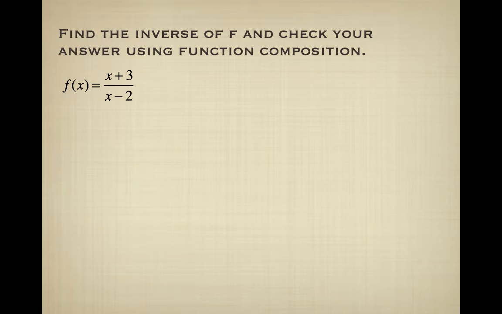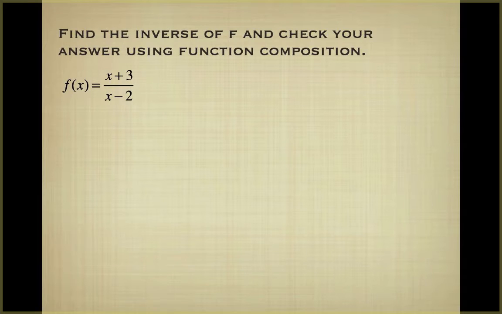So let's find the inverse of f and check it using function composition. So step number 1 says to change the variables. Remember, this f of x is the same as y equals. So we are now going to rewrite this with x equal to y plus 3 over y minus 2.